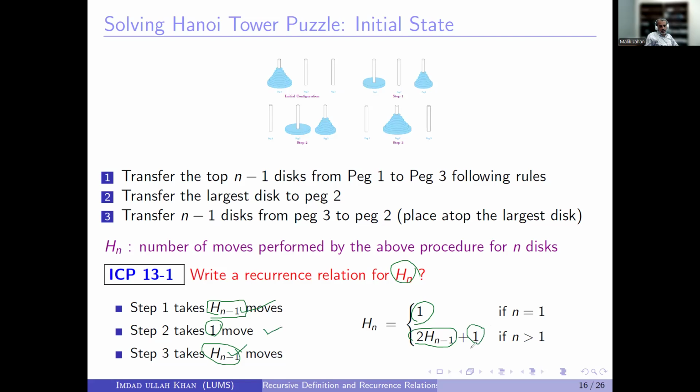So the sum of these three is this recurrence relation. It notates the number of moves or steps which need to be performed to solve the Tower of Hanoi, and this whole effort is defined recursively.